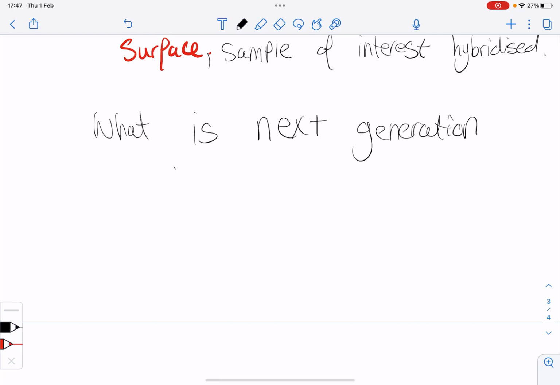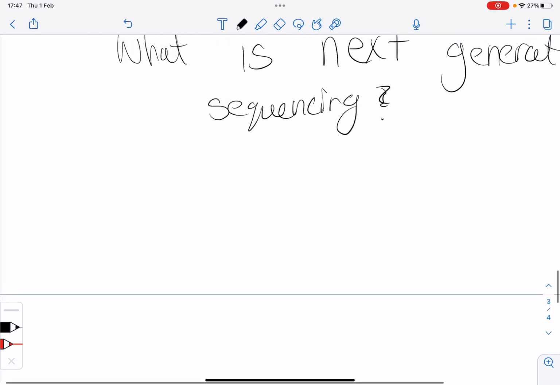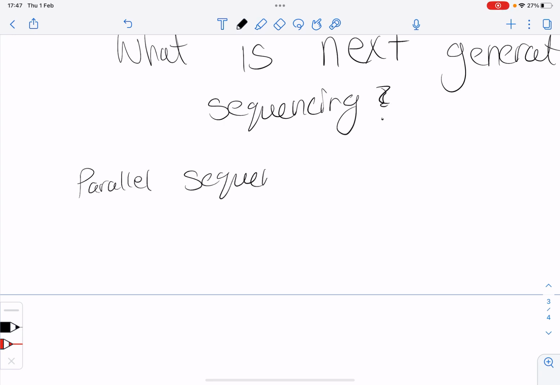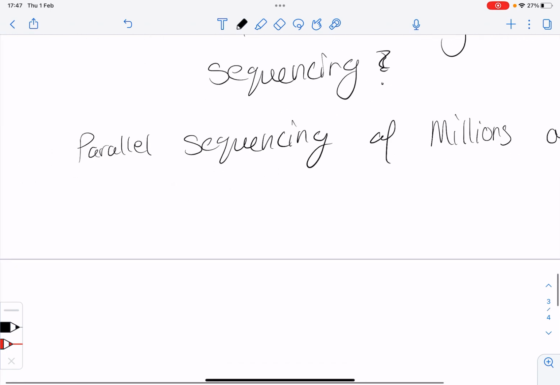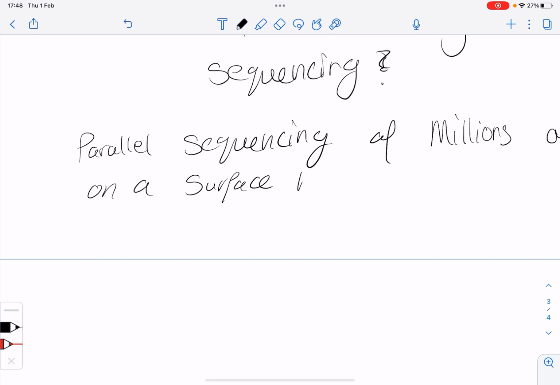Next generation sequencing, just to put it simply, is parallel sequencing of millions of molecules captured on a surface by hybridization. Done. Simple.